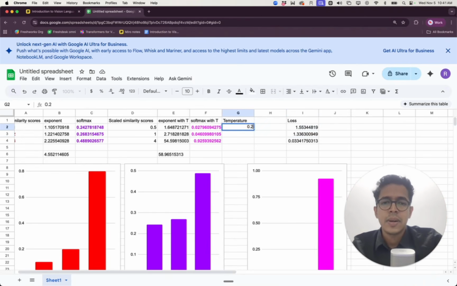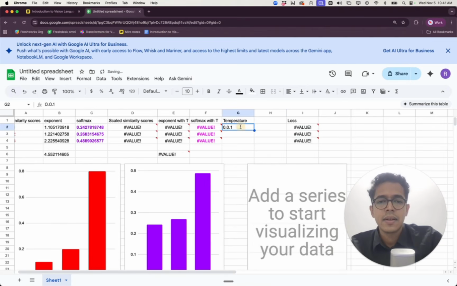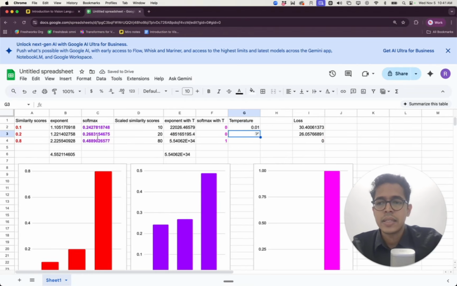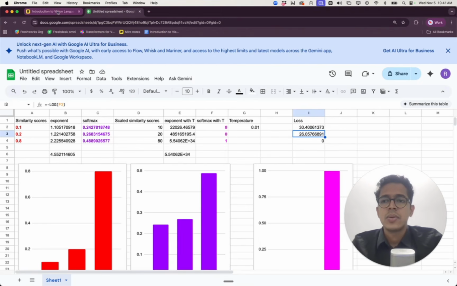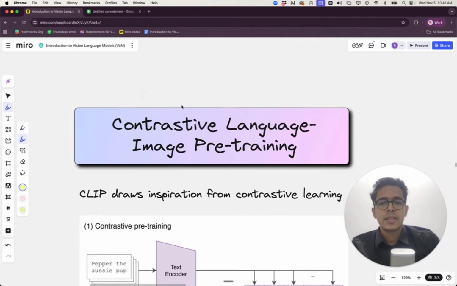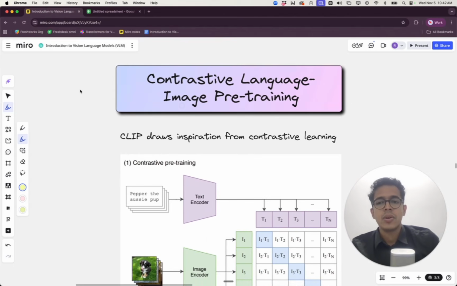But if the temperature is 0.01, for the same mistake, meaning for the same cosine similarity score, you are now penalizing the model so much. The loss is 30 and 26 for negative pairs. All right, so this is what it means by smoothing or making the distribution sharper by using the parameter tau. Now with this knowledge, let's get into how contrastive learning was used in CLIP.